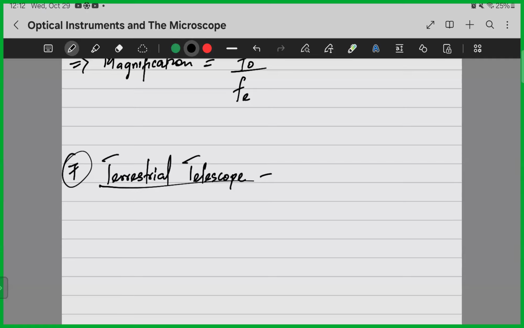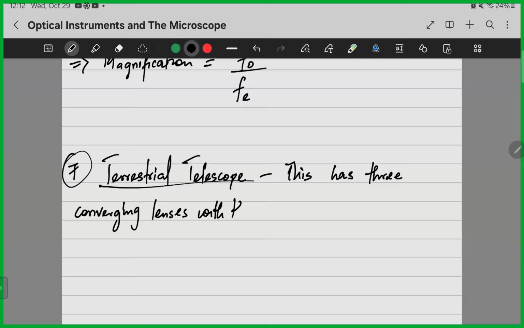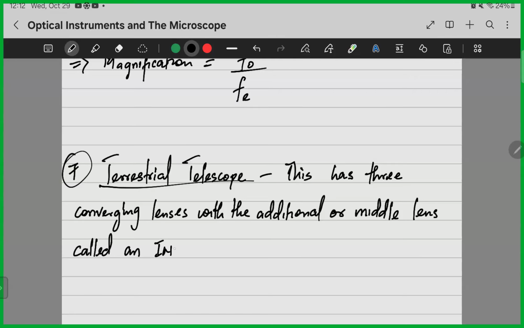So I'm going to state that these are three converging lenses with the additional or middle lens called an inverting lens.